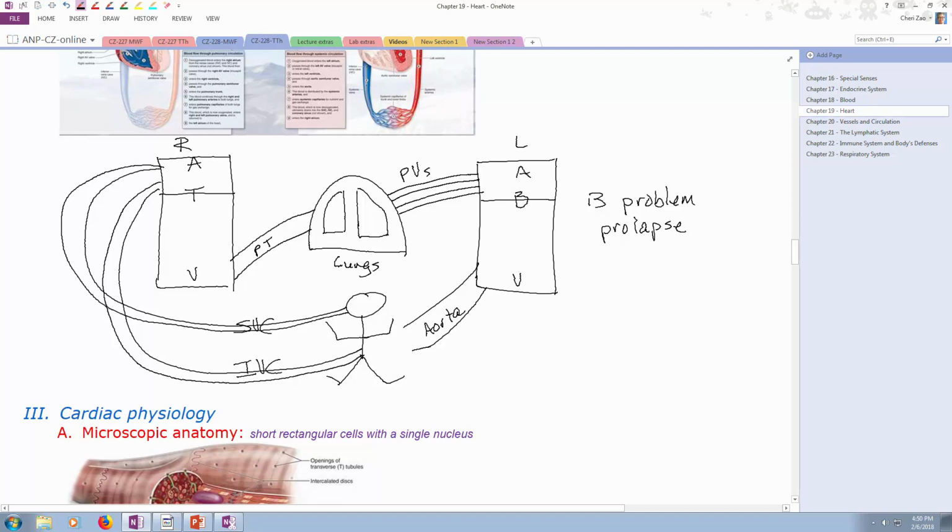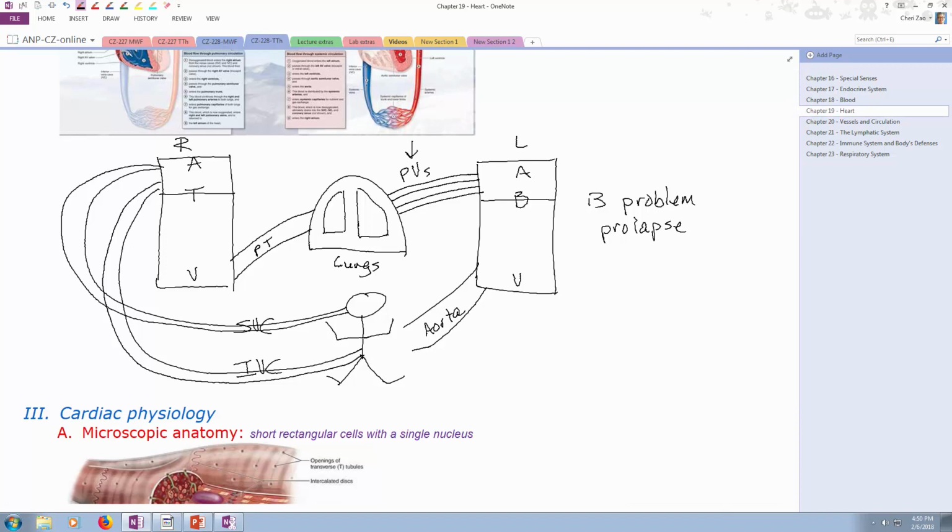All right, so the body's getting a little bit robbed and the atria is getting a little bit of backflow. If the atria is getting backflow, so they're not emptying enough, what's going to happen to the pressure in our pulmonary veins? The pressure is going to go up, okay?